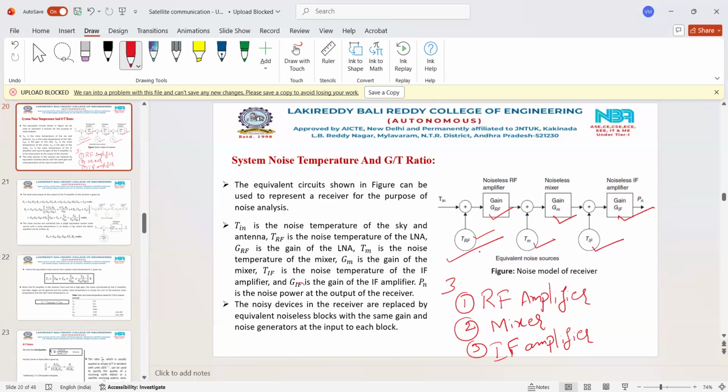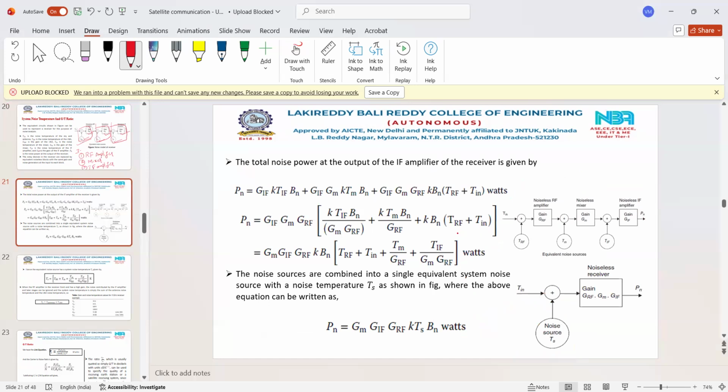Here, the noise components in each block, that is the RF section, the mixer section, and the IF amplifier section, are replaced with their particular gains and noise temperatures. Now we can see the total noise power Pn at the output of the receiver.